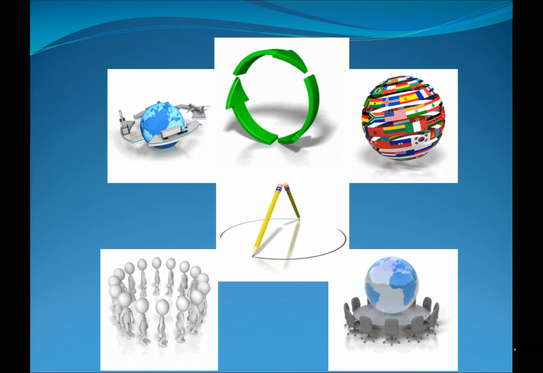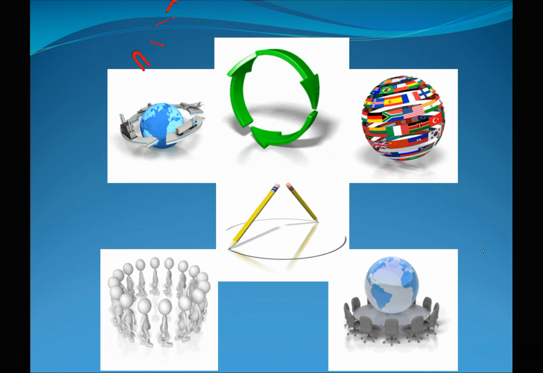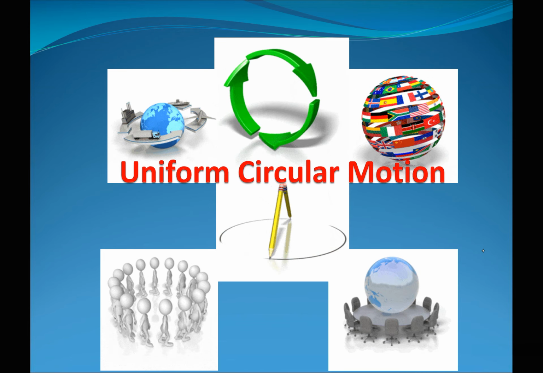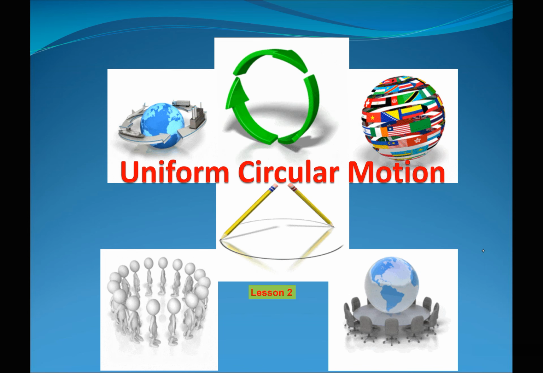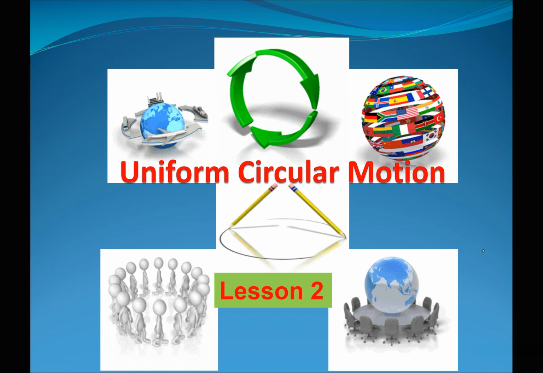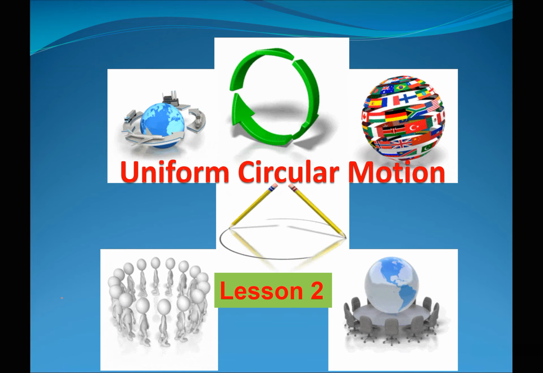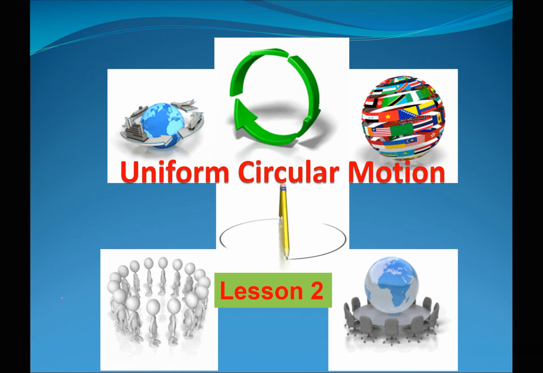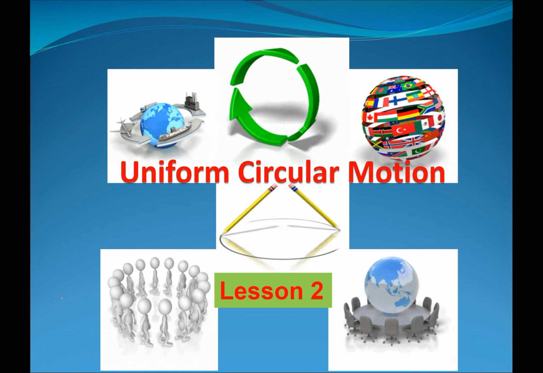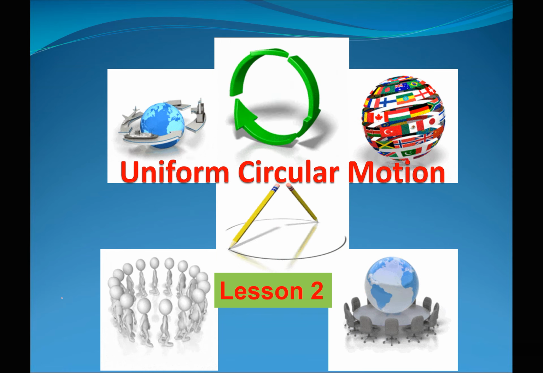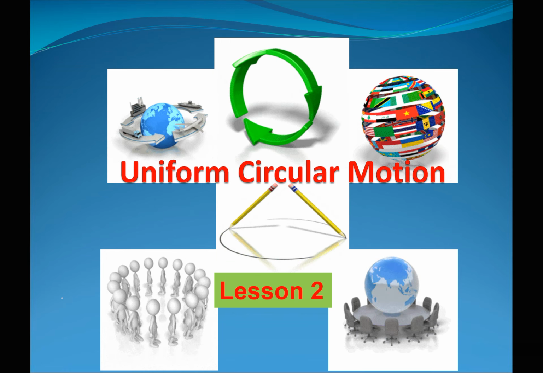Hello guys, my name is IBM and today I'm taking you to circular motion, and I think this is lesson number 2. Having seen some of the concepts in lesson number 1, we were able to explore the introduction to circular motion, where we derived some of the quantities that we may need.